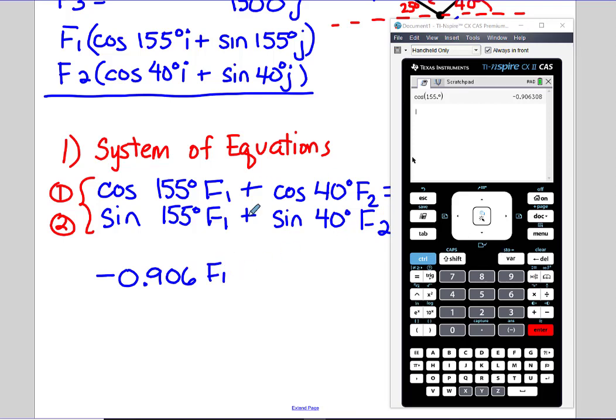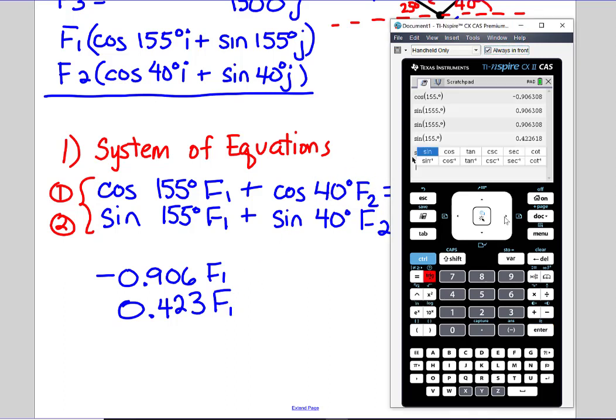And then underneath it the sine of 155 degrees. And that's 0.423 on F1.